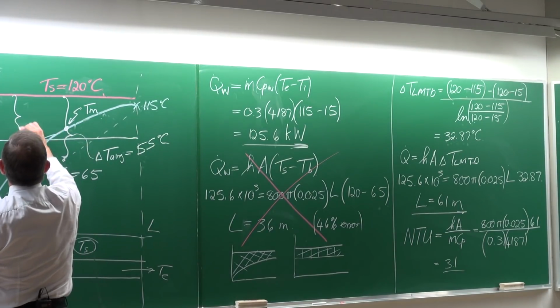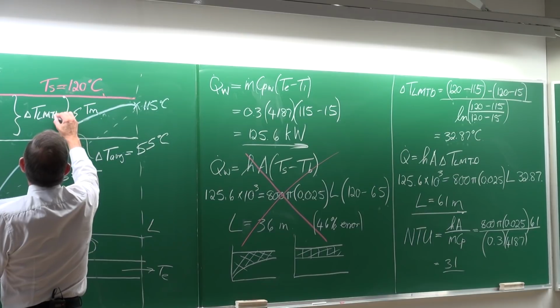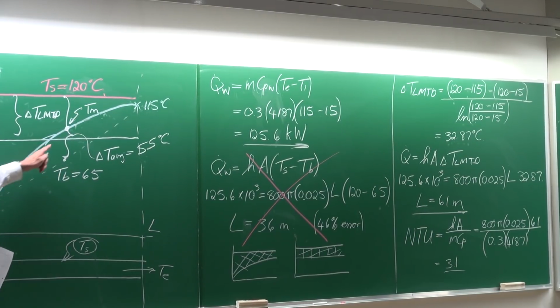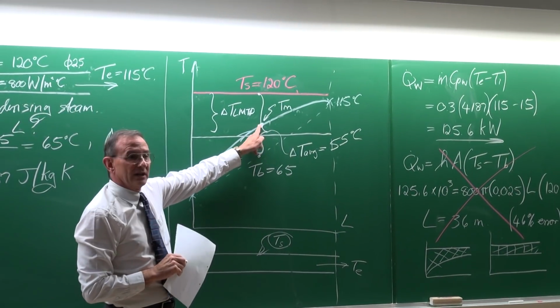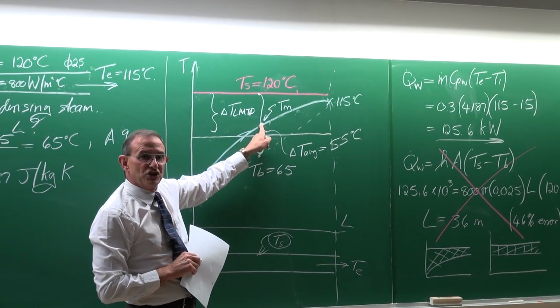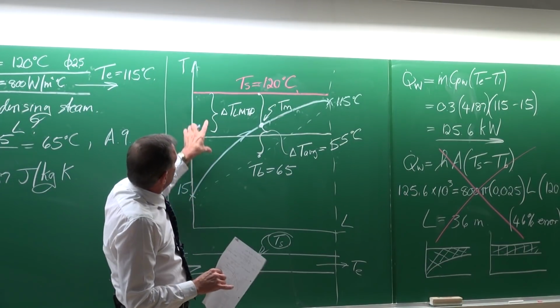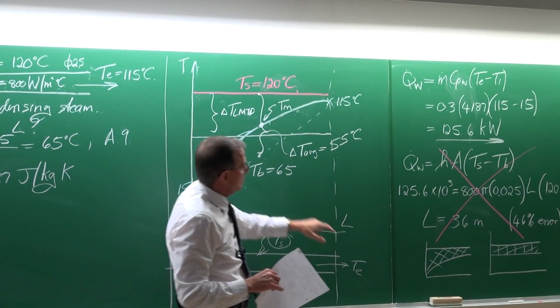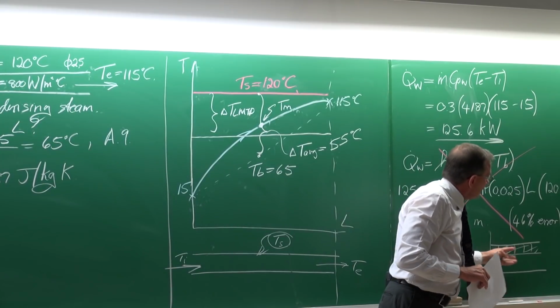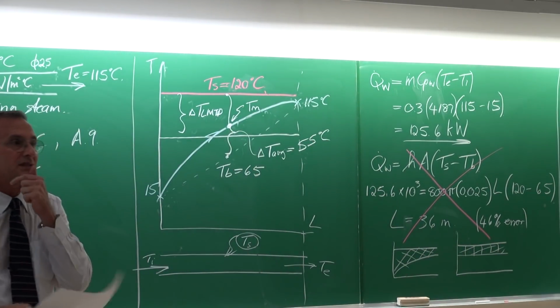So that would actually be the LMTD. So that temperature that you can calculate at that point doesn't represent the temperature difference. The real temperature difference of this problem, for that you need to integrate the area to get the average. Okay, is that clear?